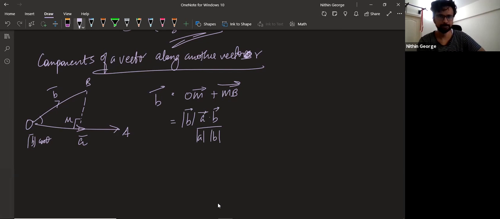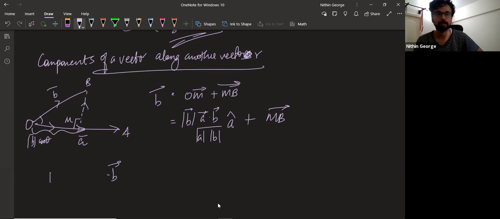This is in the A cap direction. Plus MB, which is B sin theta. How do you find this MB component? You have B, you have this component, just subtract both.